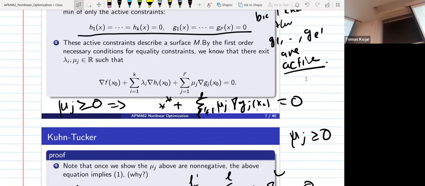Remember when we studied the simplex, depending on what boundary you fall in, you have to check this condition. So this only matters for the active ones, where you're at the boundary, but when you're inside, you just set it to 0.